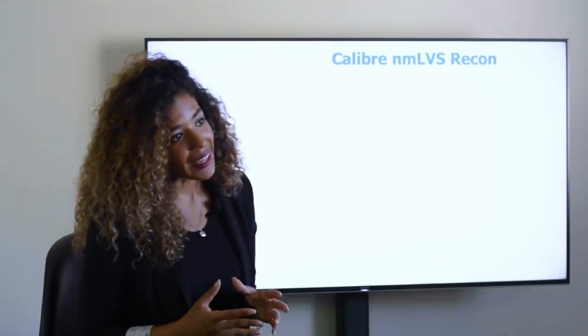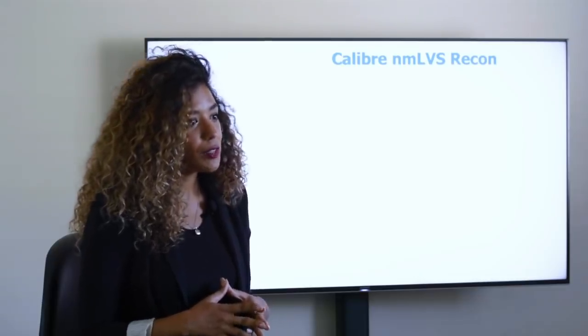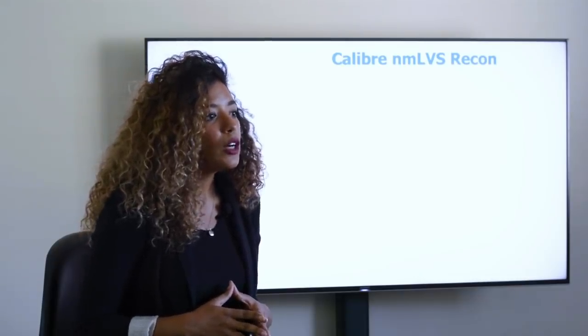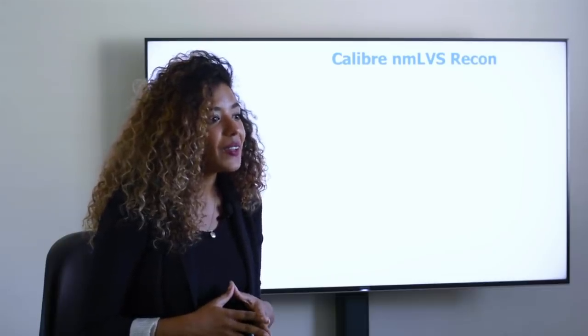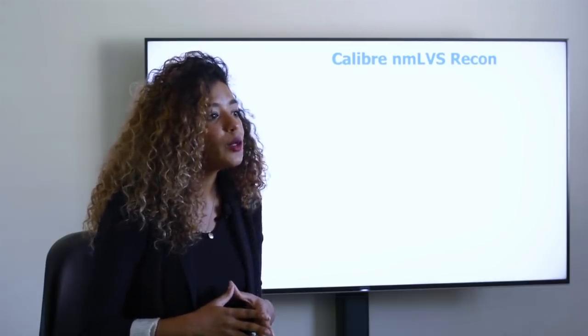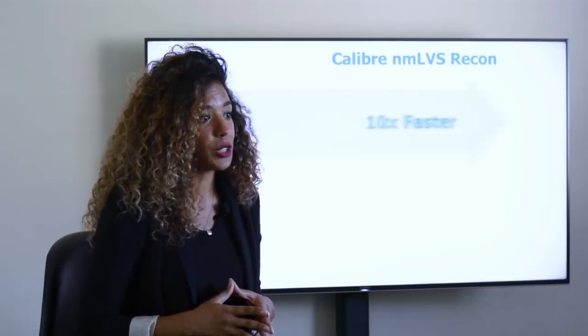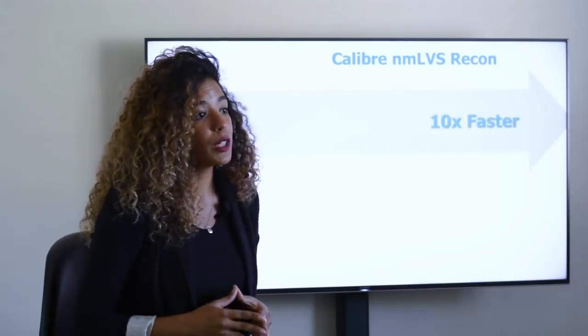By leveraging the Calibre LVS-Recon technology for early stage design for a class of issues like short isolation analysis, designers are experiencing 10 to 30x faster iterations with a third of the memory consumption.